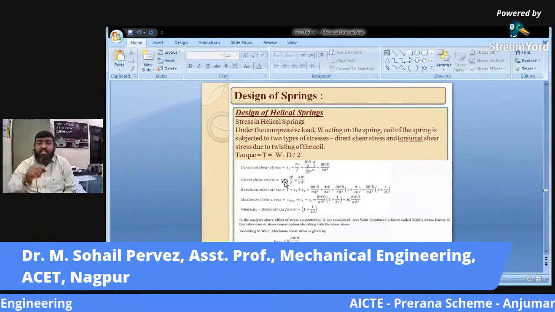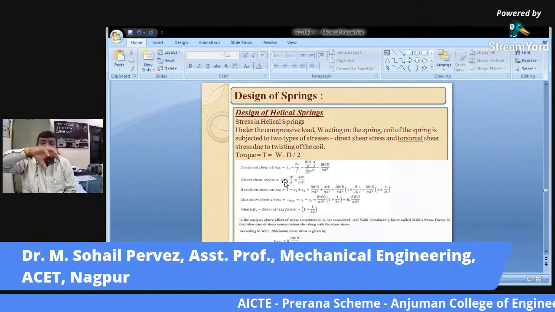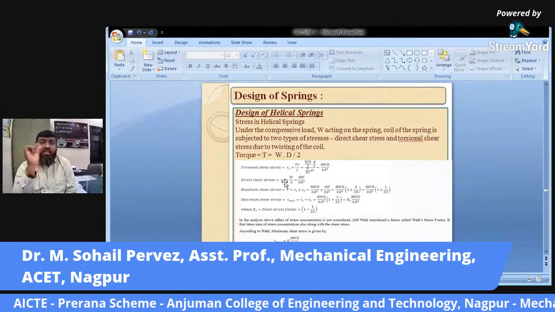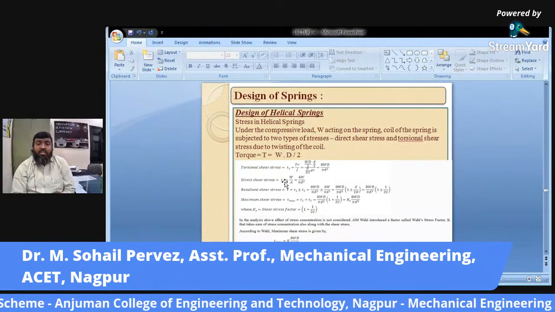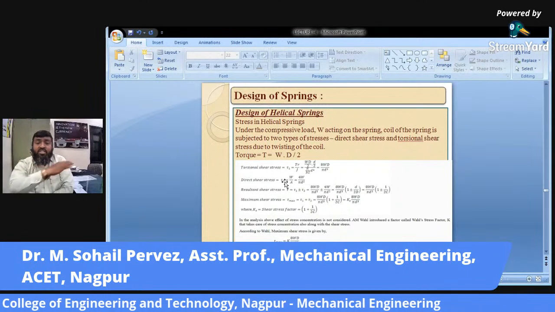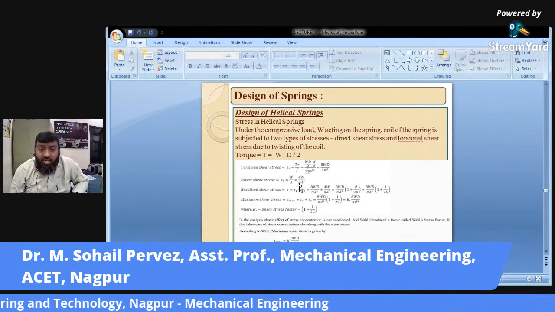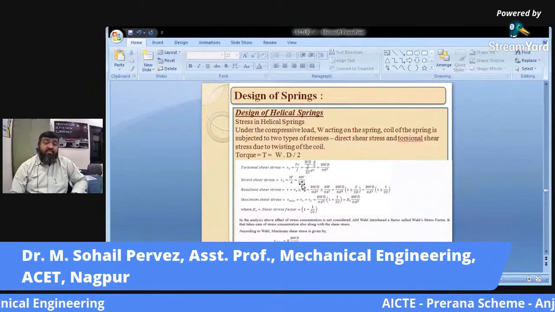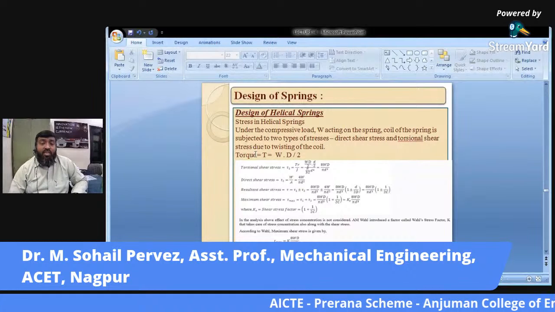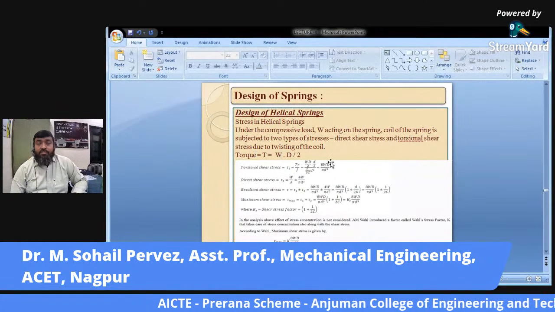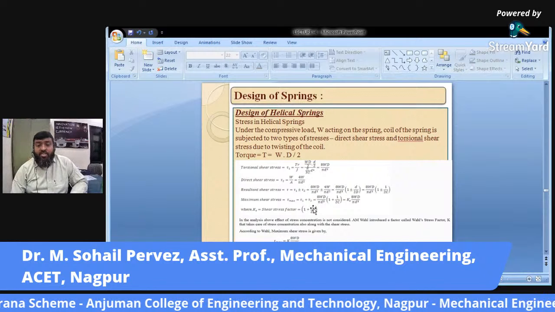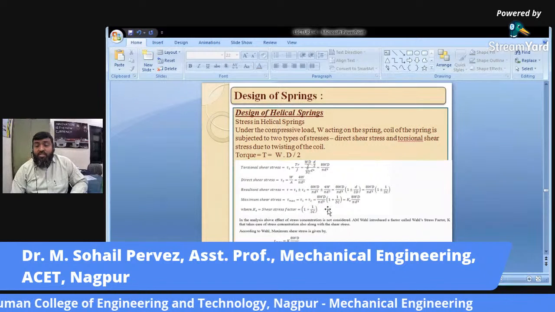The wire is made helical into a coil, so the wire may fail in direct shear. That's why the area is considered as pi by 4 d square. The second one is torsional shear. So here comes the torsion equation, T by J is equal to tau by R. Adding these two will give you this one.